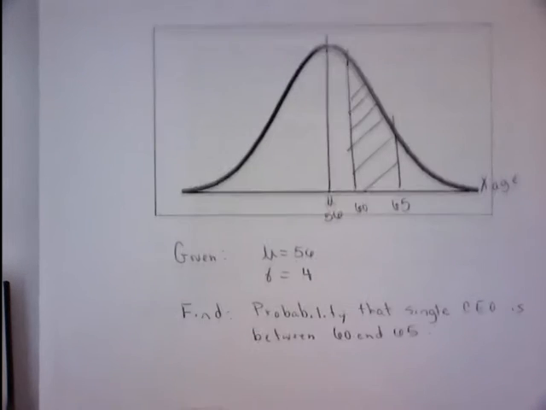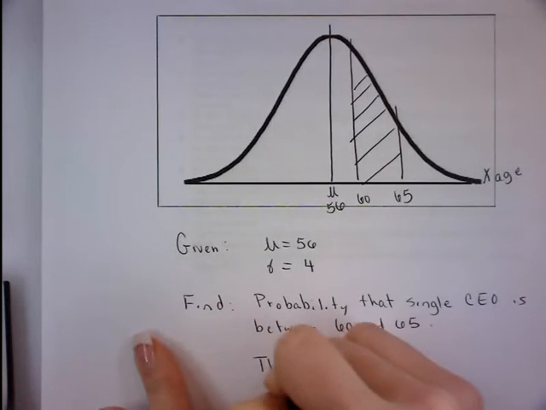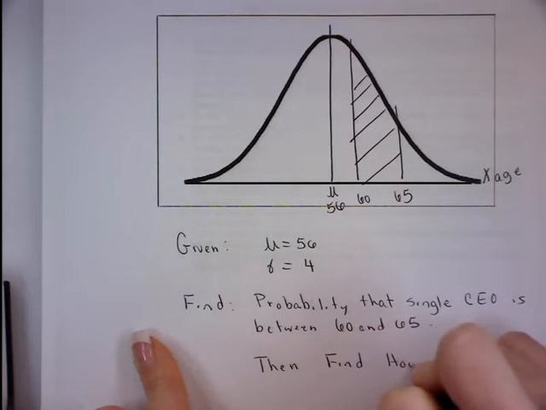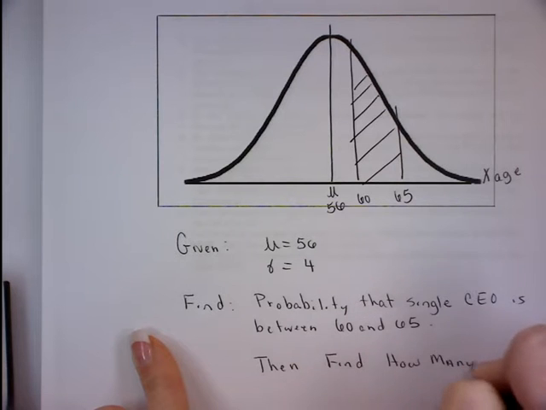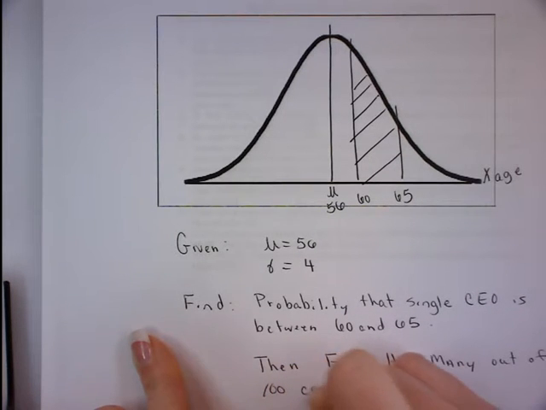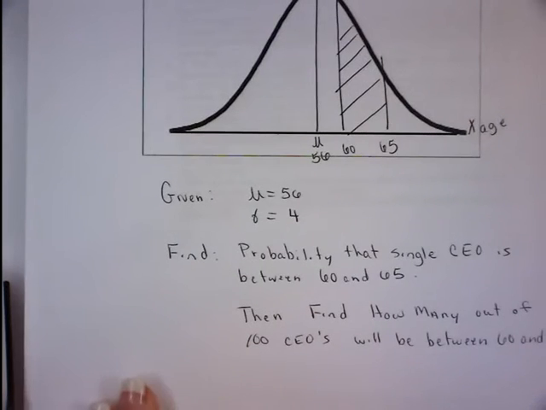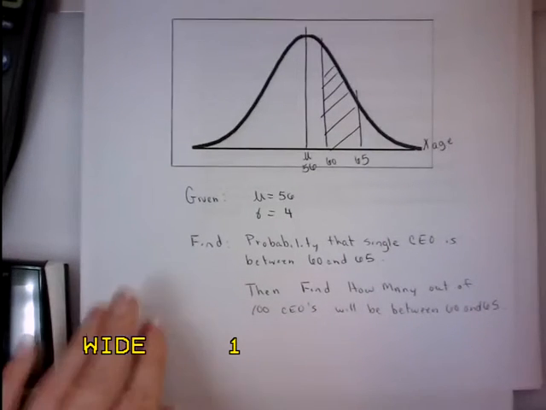Once you find that, then find how many out of 100 CEOs will be between 60 and 65 years old. So it's a two-part question. And we already have the picture. So let's work on that probability.